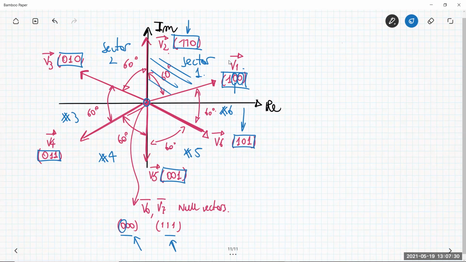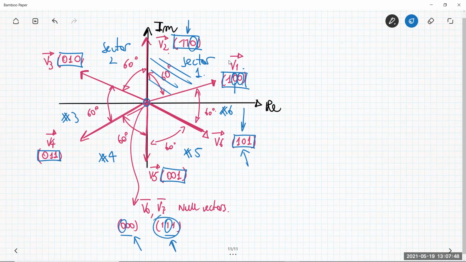For example, V6 is distant one bit from this one, or V2 is distant one bit from again 1, 1, 1 by changing the third one. So this is a specific characteristic that involves the topology of our inverter.